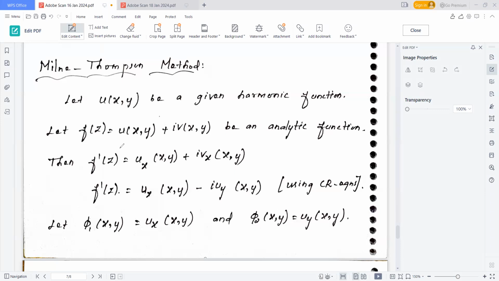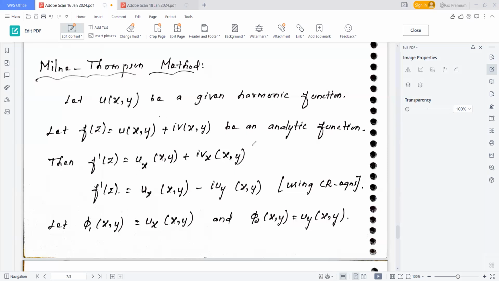Then f dash of z, suppose f of z is in this form, then we already know the formula for f dash of z, we studied it in the first theorem. That is f dash of z equal to ux plus ivx, or vy plus iuy. So f dash of z equal to ux of x comma y plus ivx of x comma y.